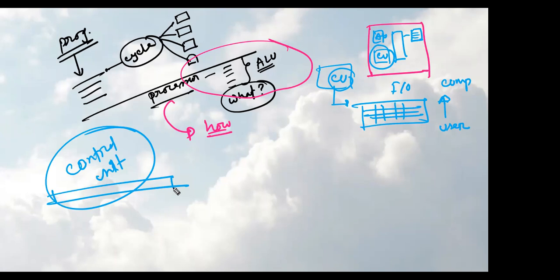And here the system is made of different components. So who will supervise those? After performing a task, those devices will give a report. So who is collecting these reports? This control unit is collecting those reports. Based on this report, based on this status, it will make another decision for the next step.